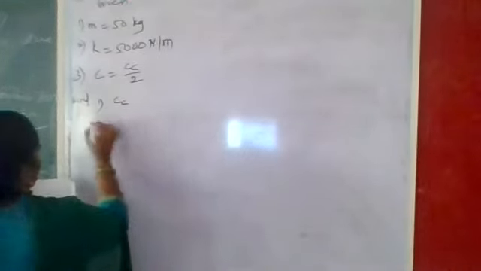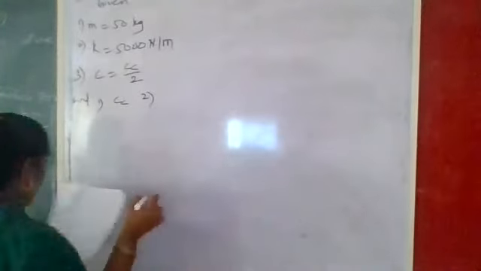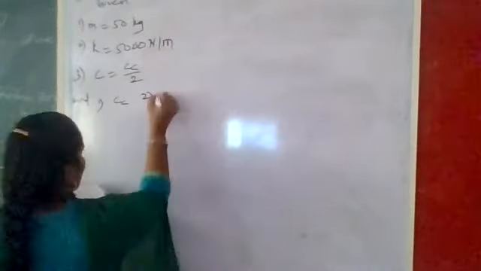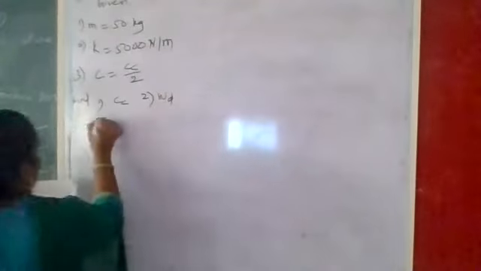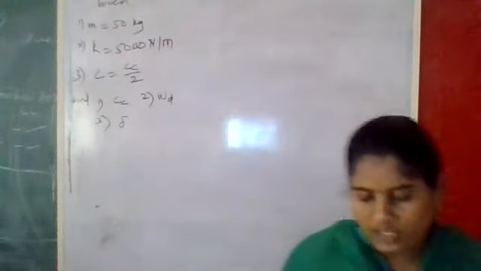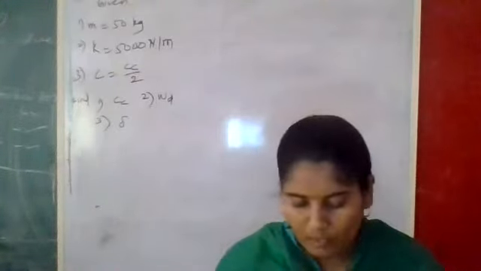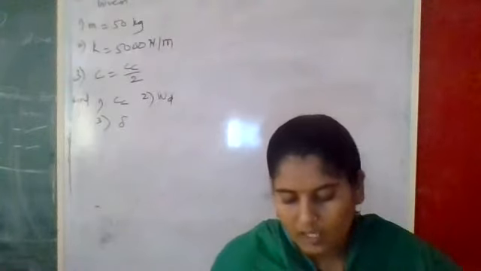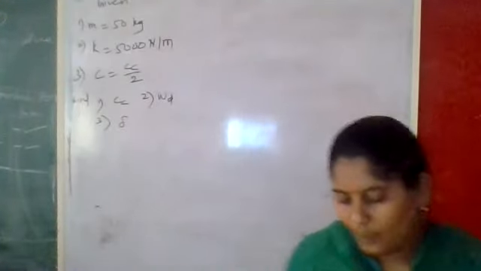Second, we have to calculate the damped natural frequency, means omega d. And third one is the logarithmic decrement, that is delta. These three values we have to calculate. Please solve this and give me the answer. बघा फर्स्ट काय दिलेलं आहे त्यांनी, they have given K value, M value, and we have to calculate the critical damping.